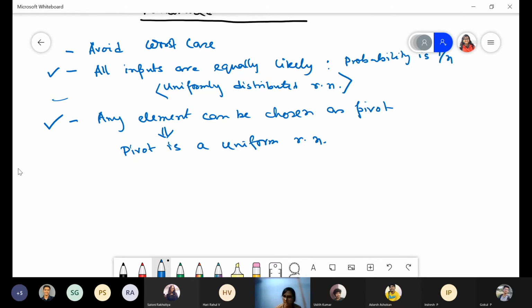So if we consider the expectation over the pivot, where the pivot itself is a random number, we are going to get the average case analysis for all possible partitioning of every possible distribution. So this is my consideration. After this consideration, the algorithm is exactly the same. You have done all that, so I'm not writing the algorithm. We are going for the analysis.